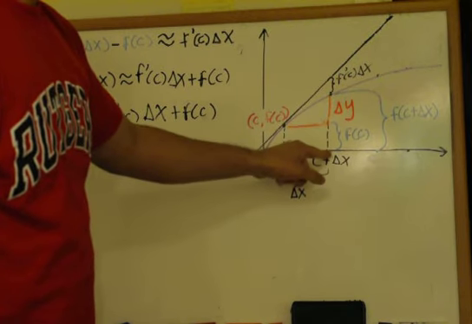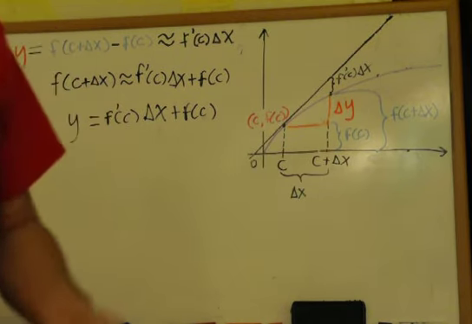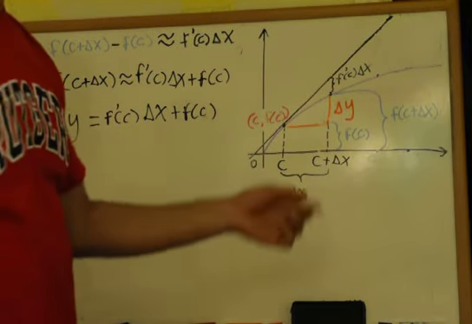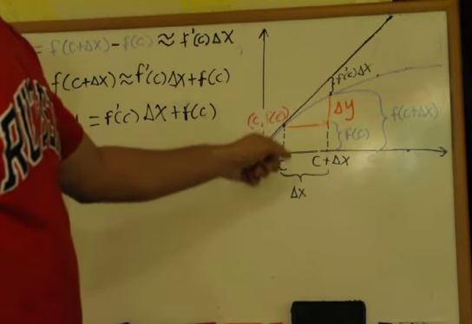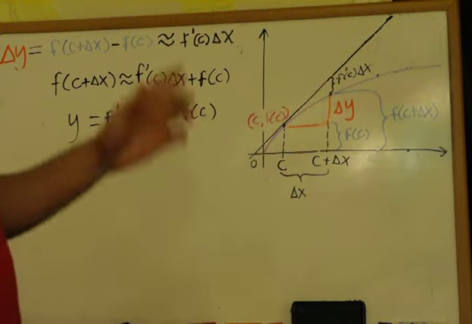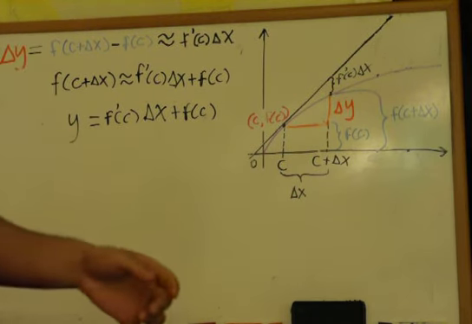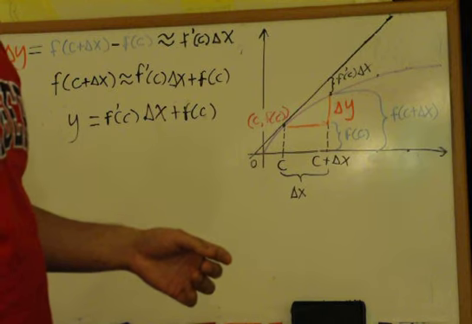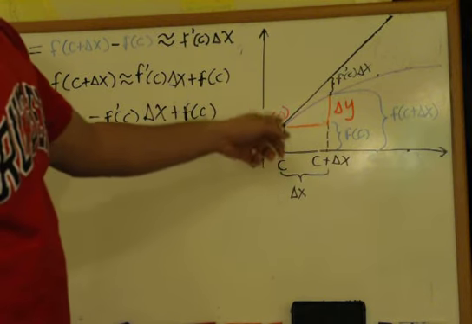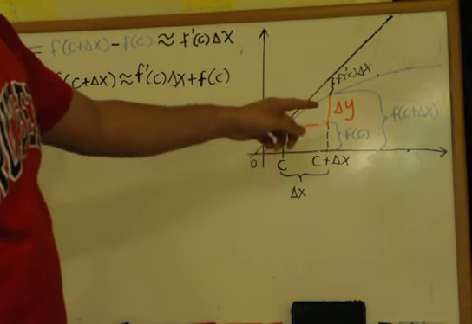this value here represents the value we're trying to approximate, that it's hard to approximate, and then this c value is the value that we find easier to calculate. So we base our approximation off that.